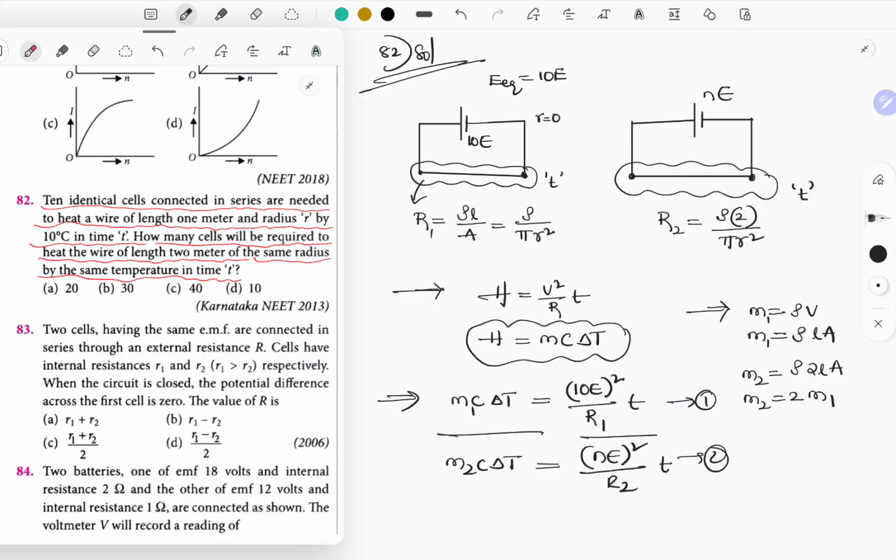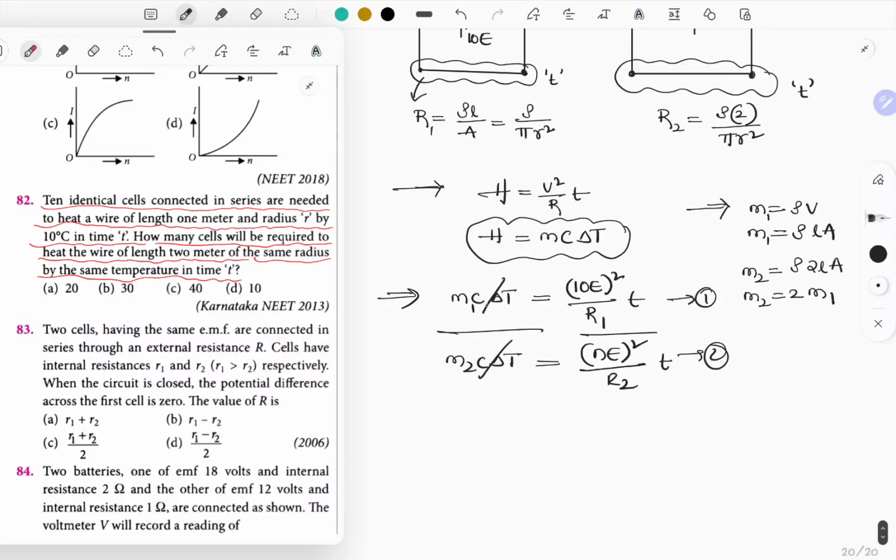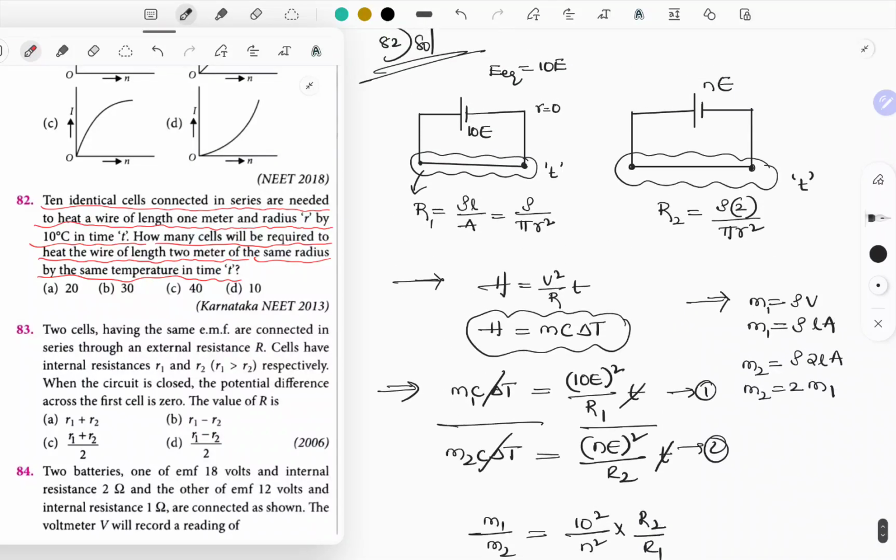Try to divide these two equations. C delta T will get cancelled out. T also will get cancelled out. E square by E square also gets cancelled out. Now I am left with m1 by m2 is equal to 10 square divided by n square into R2 by R1. Just observe here what is the relation between R2 and R1.